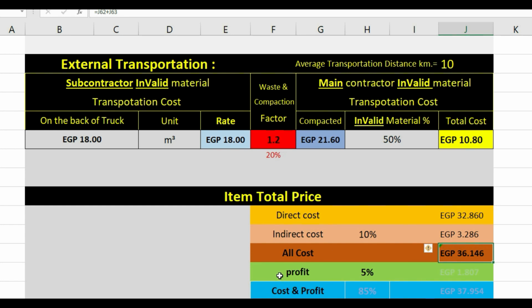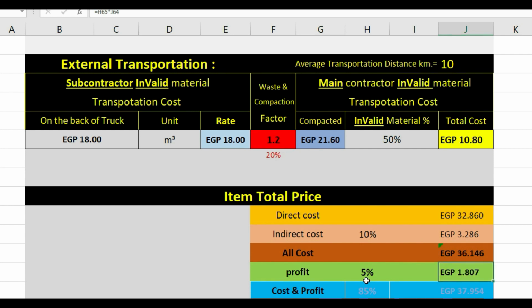We have here a profit. I proposed 5% profit. You can propose 10%. You can propose 20%, as you like. But we are trying as much as possible to increase our chance to be awarded the tender competition.